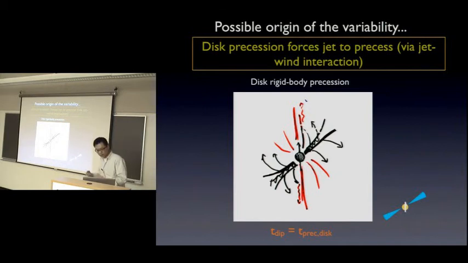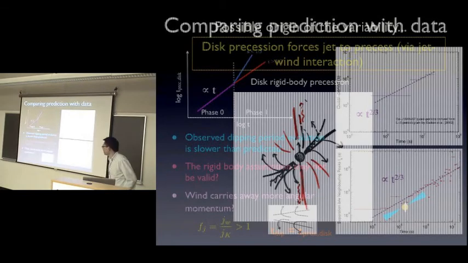So if the disk precesses, then the jet is also going to precess. Then since our line of sight is fixed, the jet will move in or out of our line of sight periodically. Then we will see the dips in the lag curve. So that's the idea.